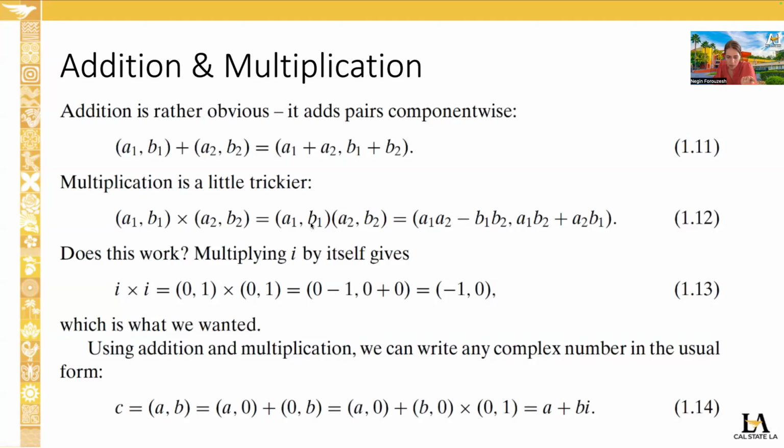Then you have B1 A2, which is in here. And then you have B1 B2. Both of them are imaginary numbers. So when you multiply them, that negative is canceled out. And that's why you see B1 B2 as in here.